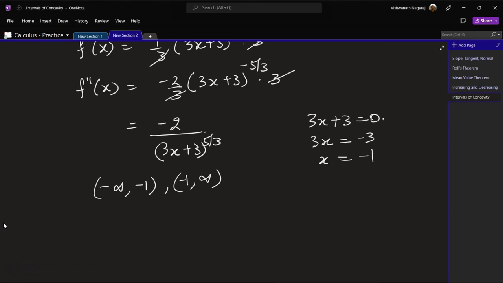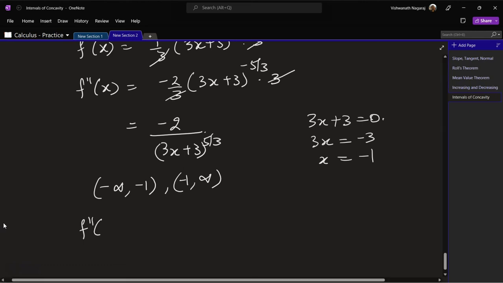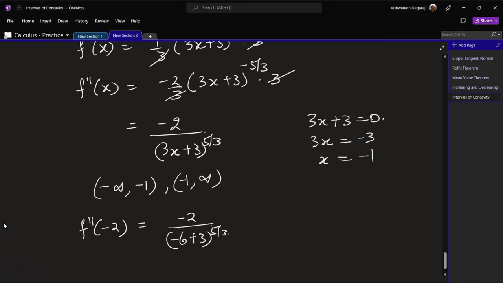Now let's take some values. f''(-2) is equal to -2 by (3 times -2, so -6, plus 3) to the power of 5 by 3. Now the denominator is going to be negative. -6 plus 3 is -3.